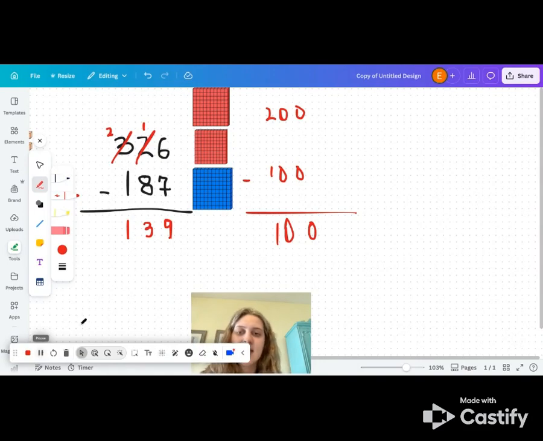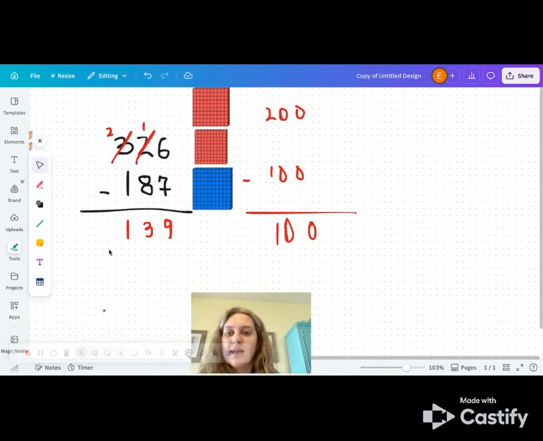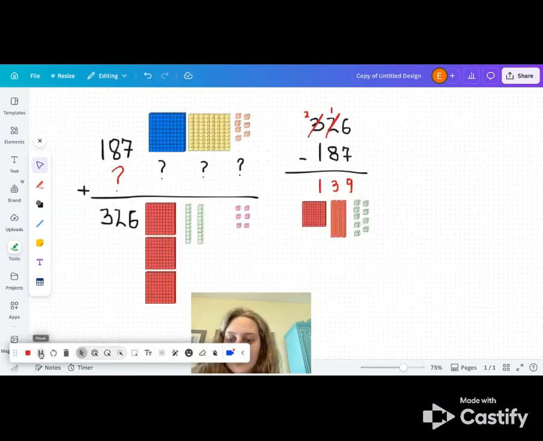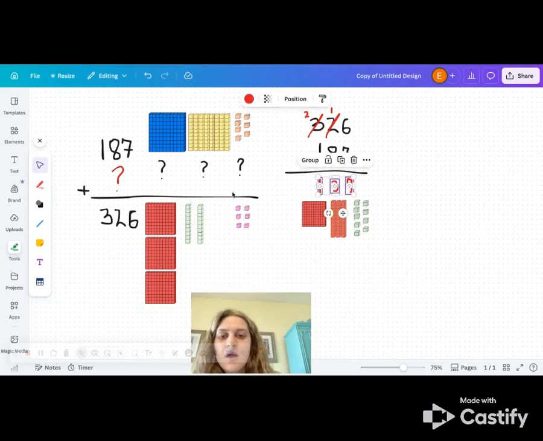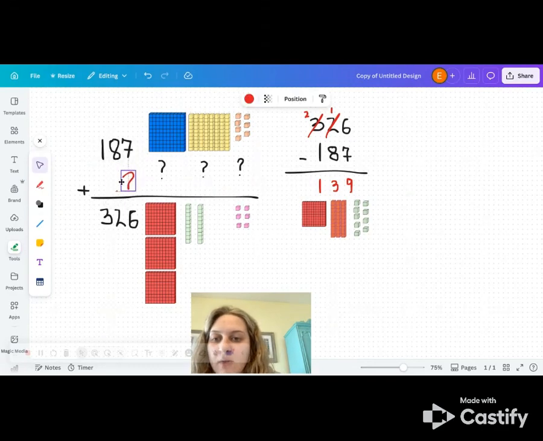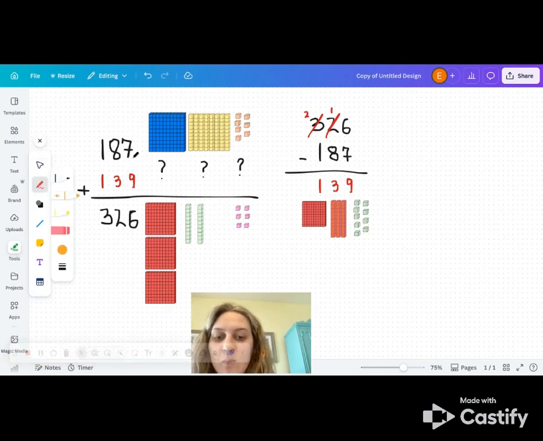And what does that tell us and how does that relate to our original problem? That is what we're going to talk about next. All right, so now that we have this 139, we can plug it into our original equation, and we can see if that works. So we have 7 plus 9, which gives us 16.